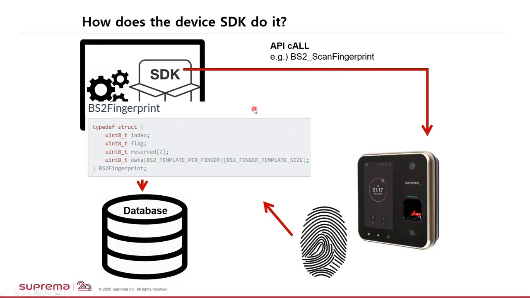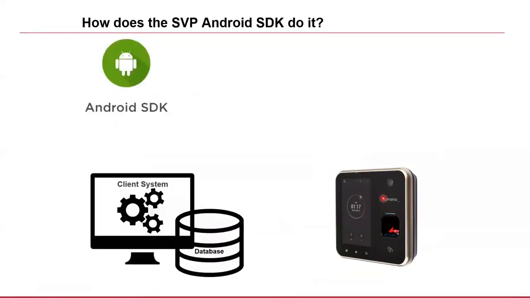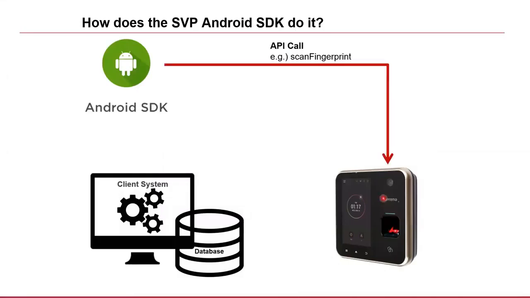The server or the SDK retrieves the fingerprint from the device, and what is returned to the server is not the full raw image from the fingerprint, but the template. The stock firmware already does the work to convert the raw fingerprint image to the template, and then the template is returned.